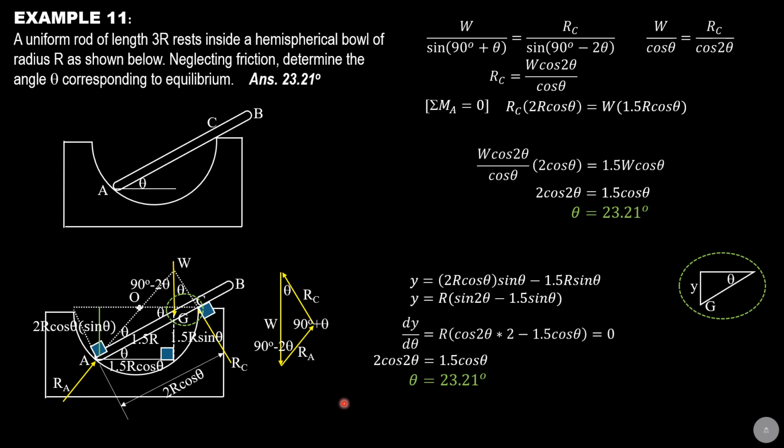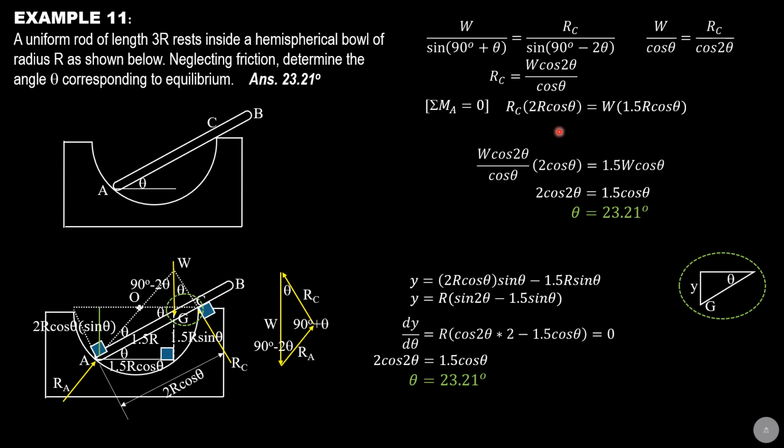So let's continue. After we sum up moments about A equal to 0, counterclockwise positive, we have R sub C times 2r cosine theta equals W times 1.5r cosine theta. So we cancel r, then substitute R sub C, which is W cosine 2 theta over cosine theta.